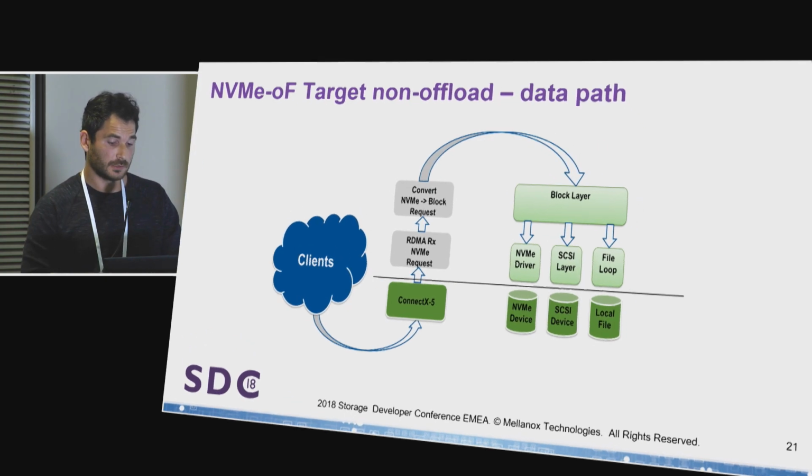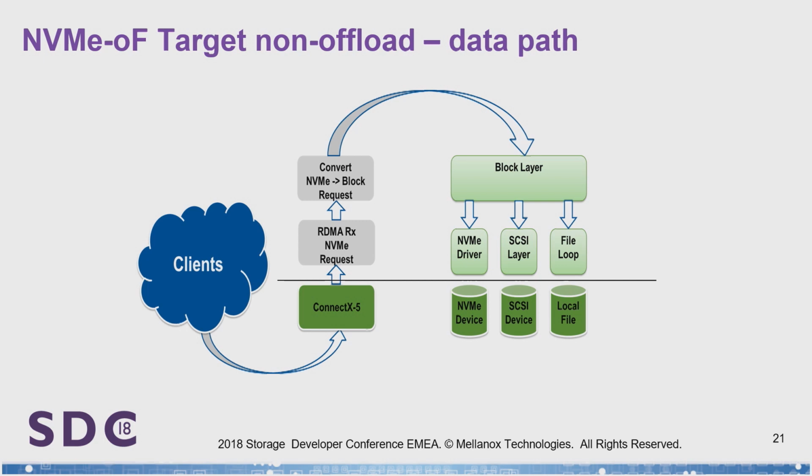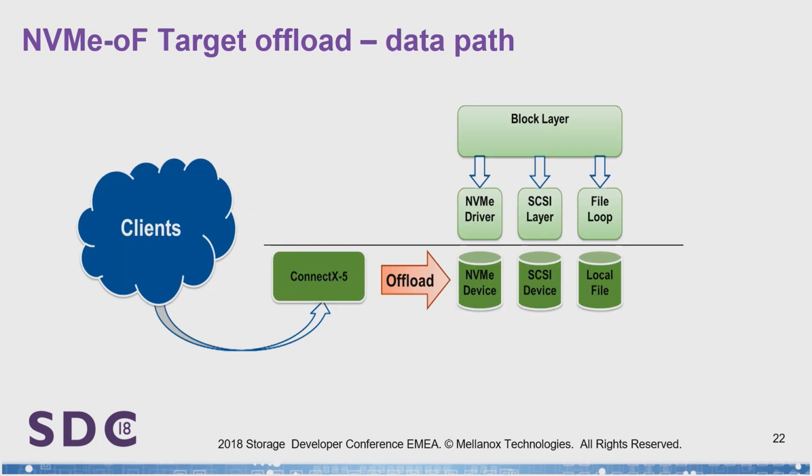The ConnectX or other device receives the packet from the wire and sends an interrupt to the kernel, and the kernel processes the data and applies a block request. In the offload solution, we don't raise an interrupt. We just put the command to the NVMe device without any CPU cycles needed for processing.